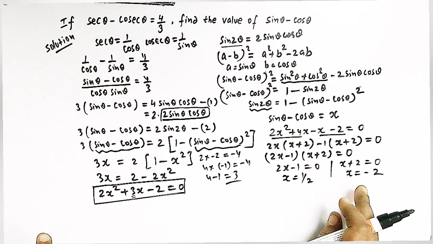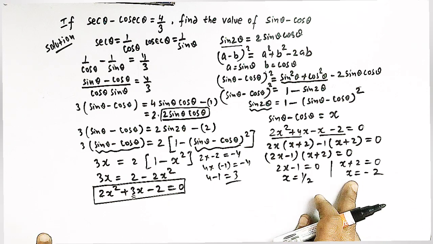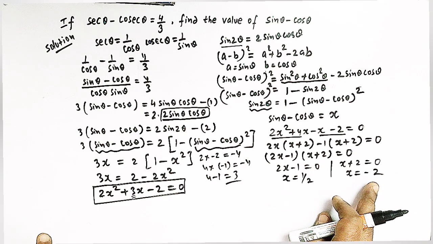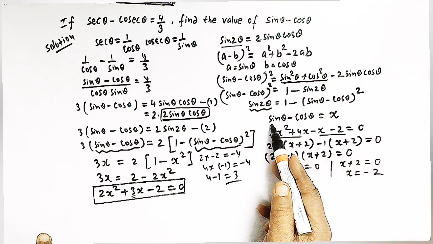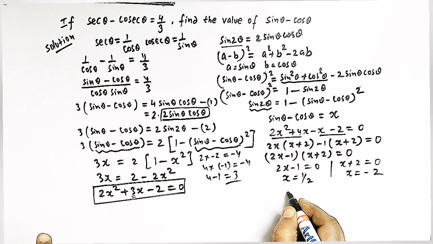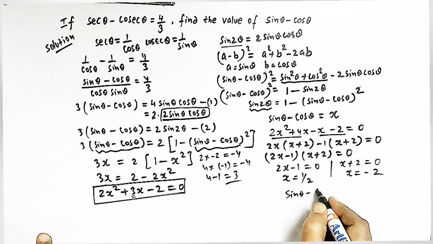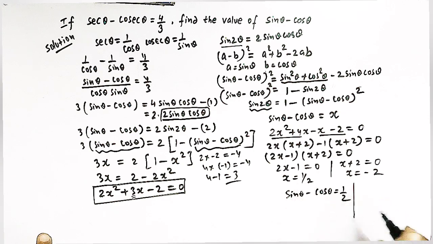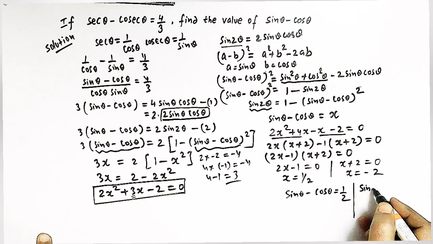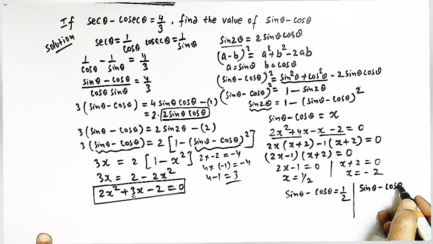So now we have obtained two values of x, and we have already assumed that x is equal to sine theta minus cosine theta. So sine theta minus cos theta is equal to half, and then we have sine theta minus cos theta is equal to minus 2.